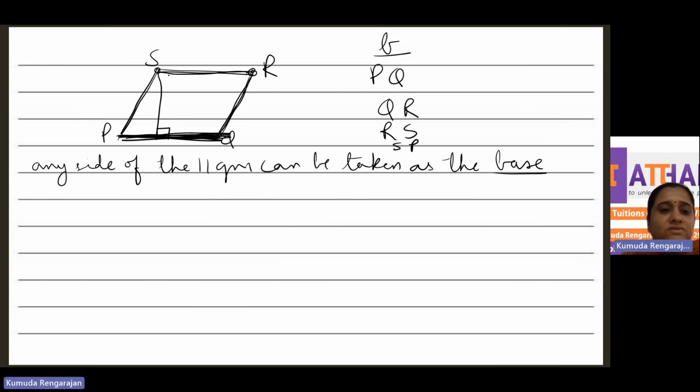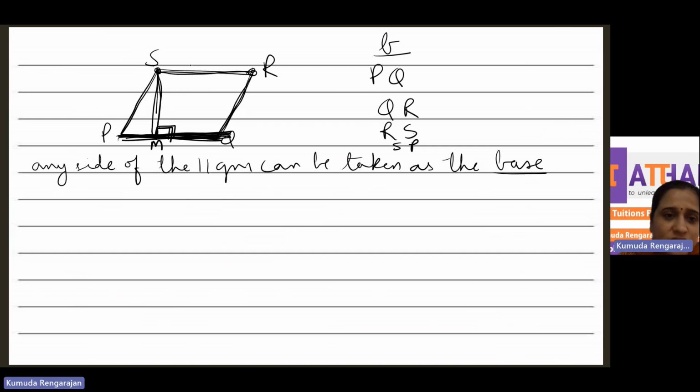Opposite to PQ is S. From there, you must have a line segment like this falling on PQ, making 90 degrees with PQ. This is the altitude. If you take PQ as the base, then this SM is the altitude. Why altitude? Because it's making 90 degrees with PQ, and also it's coming from the opposite vertex.